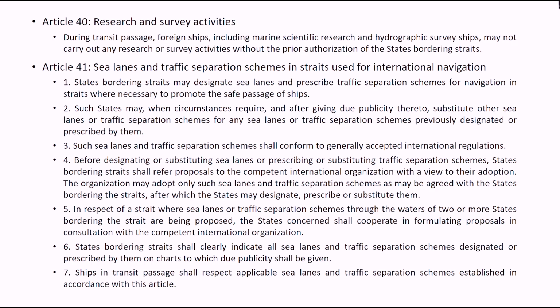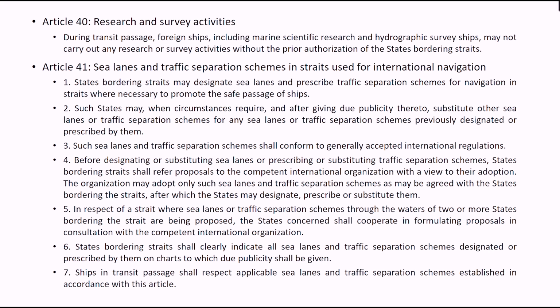Fourthly, before designating or substituting sea lanes or prescribing or substituting traffic separation schemes, states bordering straits shall refer proposals to the competent international organization with a view to their adoption. The organization may adopt only such sea lanes and traffic separation schemes as may be agreed with the states bordering the straits, after which the states may designate, prescribe or substitute them.